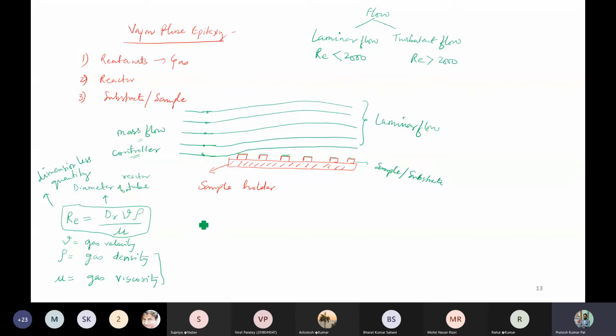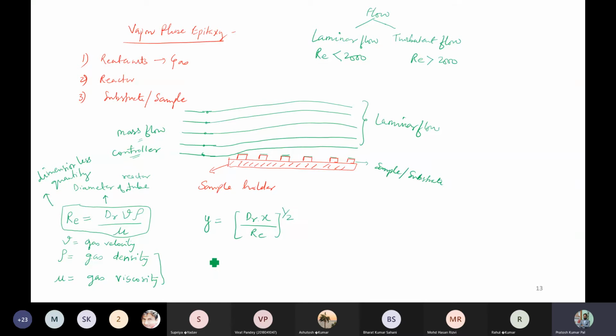So this y is given by the square root of d x divided by Reynolds number, that is, y equals x divided by Reynolds number to the power 1 by 2.